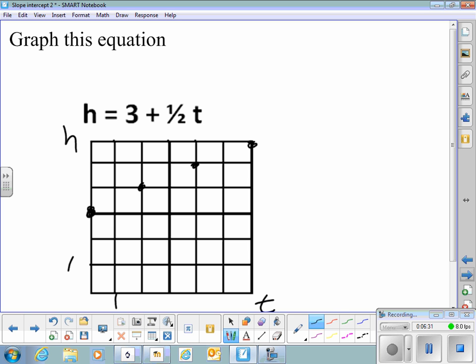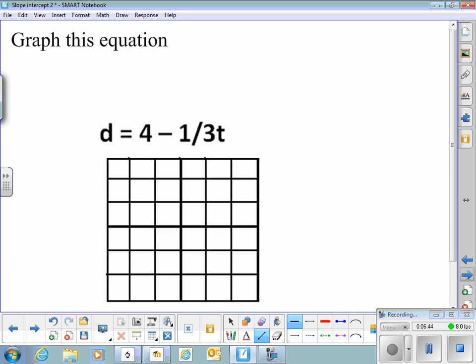I only need 2 points if I'm using a good straight line tool, but if not, you might want to make sure you have some more to make sure it's on. That's why we call these linear equations, because their graph is a line. We might call it a straight line. A line is straight.